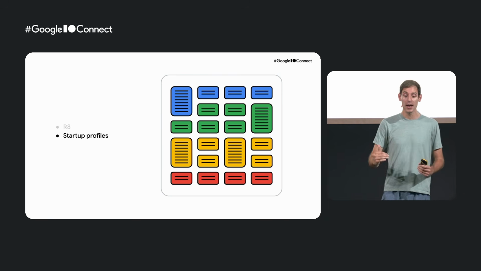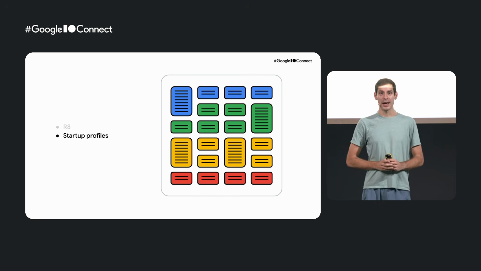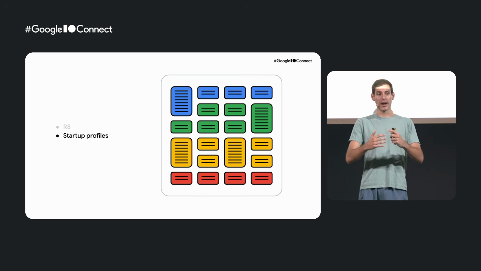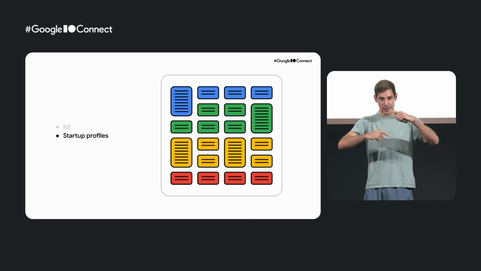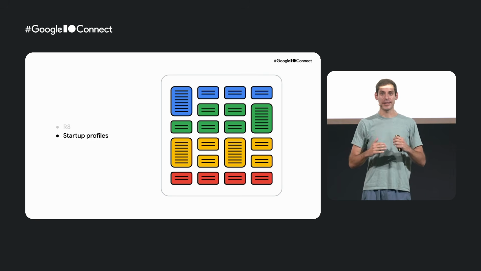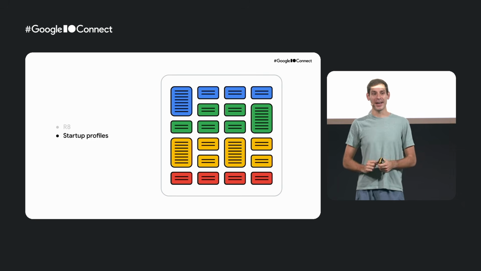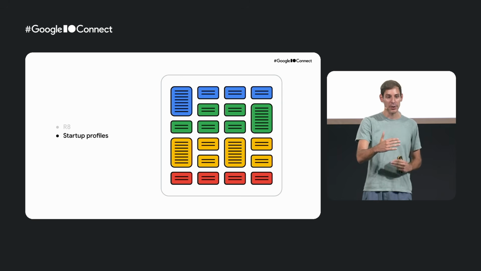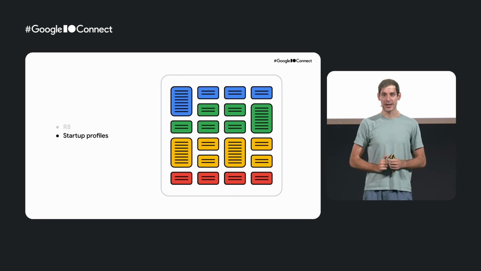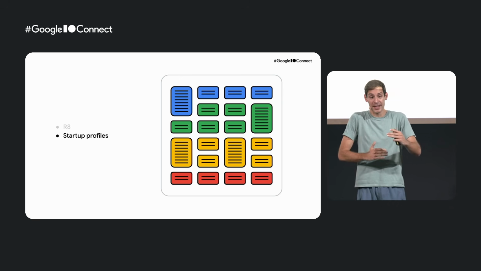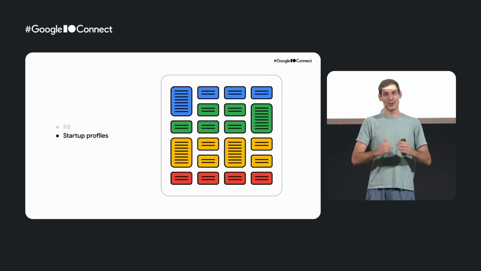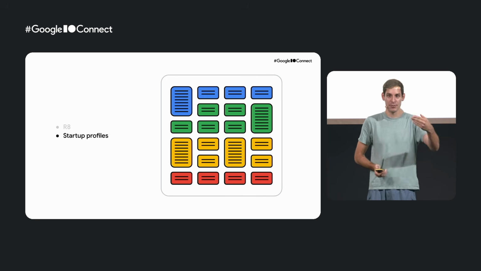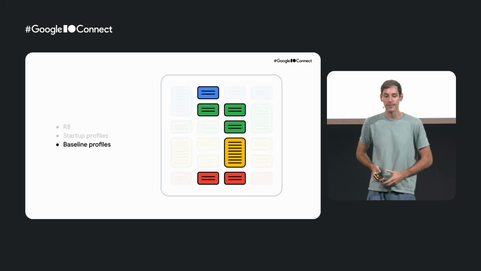There are a couple of other things that we can do on top of just using R8. We can enable startup profiles. Startup profiles are a way for R8 to reorganize all of the code that you have in the DEX by putting everything that is used at app startup closer to the beginning of the main DEX file. So that means, again, that there is less to load at app startup, so faster load time.